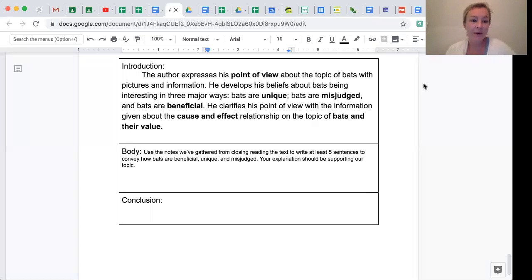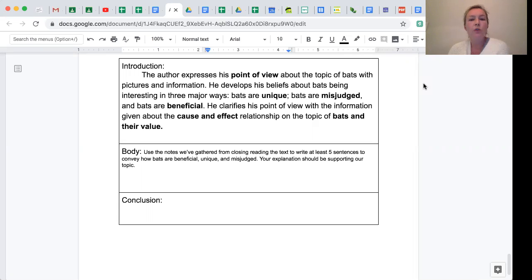All right, and here we are at the final step of this lesson where we put everything together. We've gone through, we've read, we've reread, we've carefully annotated the text, we've selected the best text evidence in order to convey our idea that the author is expressing their point of view about the bats.